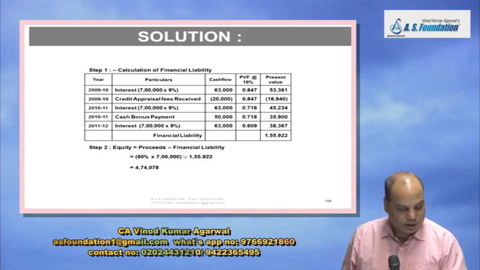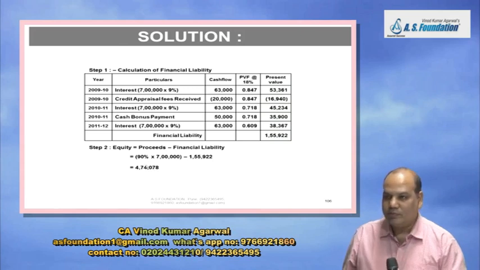I think this question has been asked or may be asked. 90% of 7 lakh minus 155922 is 474,078 approximately.